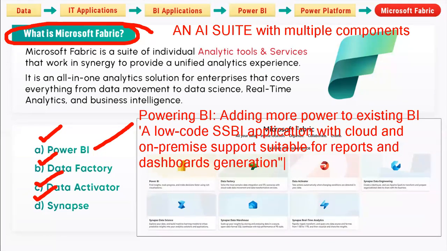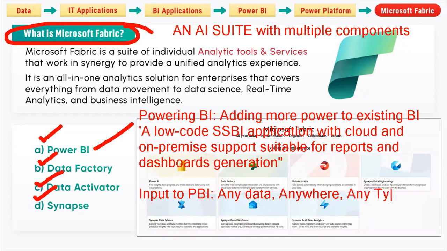What is a report and what is a dashboard was also explained last class. So what is the input of Power BI? Input to Power BI is data. Any data, anywhere data, any type of data. And what is the output of Power BI? Report or dashboard.